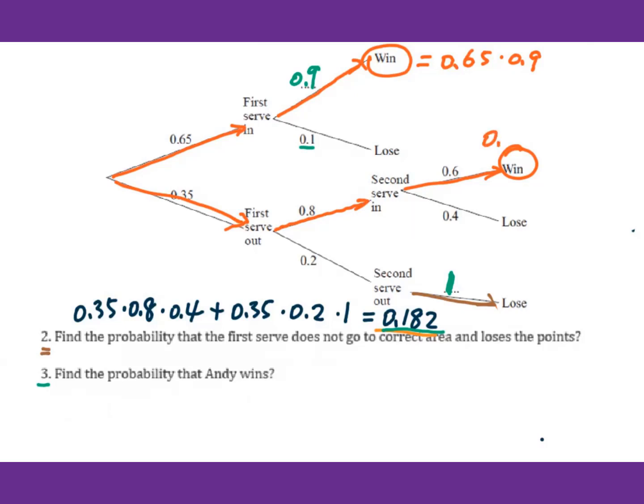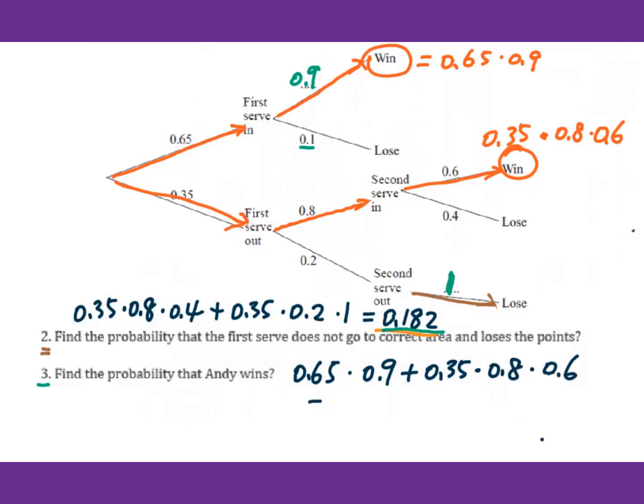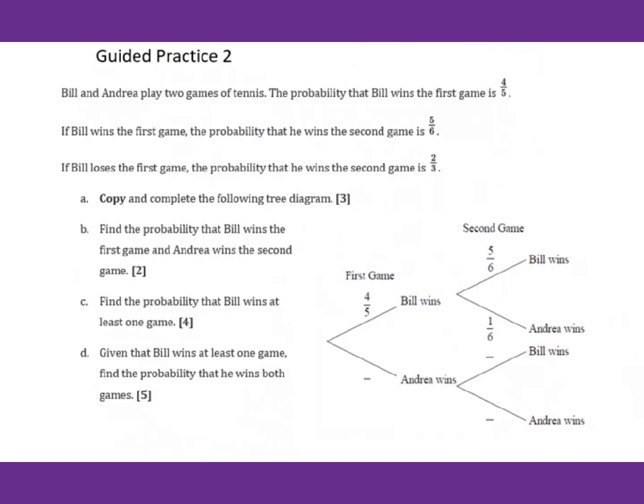That is 0.35 times 0.8 times 0.6. Then you add together. So we have 0.65 times 0.9 plus 0.35 times 0.8 times 0.6 equals 0.753.